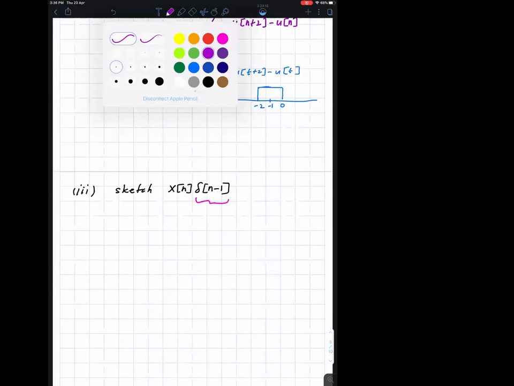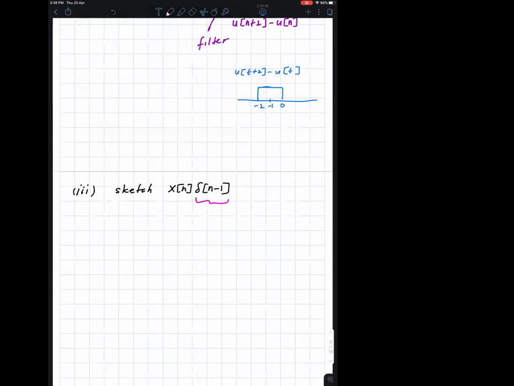For discrete time signal, delta n is defined to be 1 when n equals 0 in this case, and 0 when n is not equal to 0.